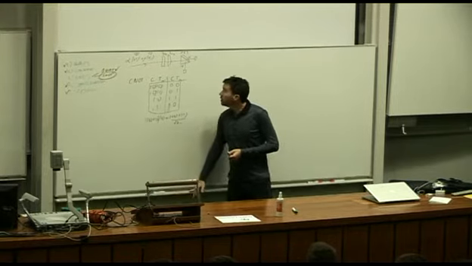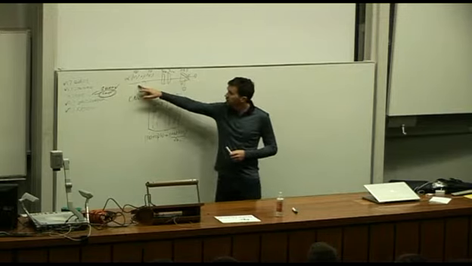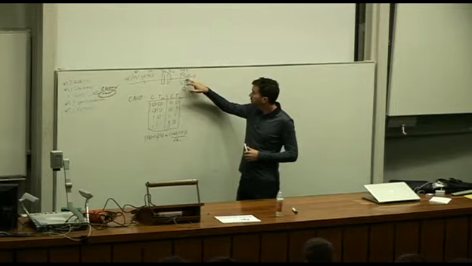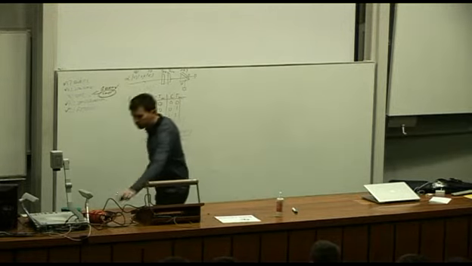Now I want to emphasise here that we've encoded in the polarisation of a single photon, and then we've sent that single photon to a polarising beam splitter, which separates the horizontal and vertical components.